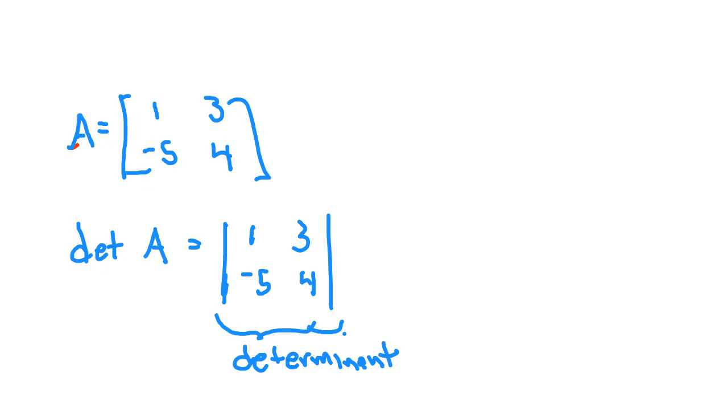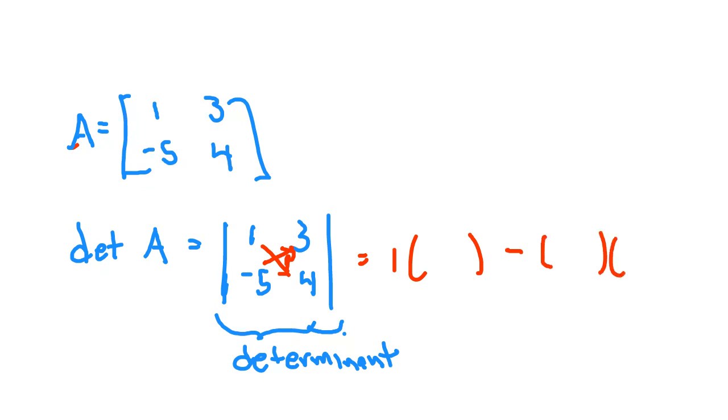Now, for a 2x2, it's pretty simple what a determinant is, right? How would we find the determinant of this 2x2 matrix? Do you remember? 1 times something minus, good, that's right, Jonathan.